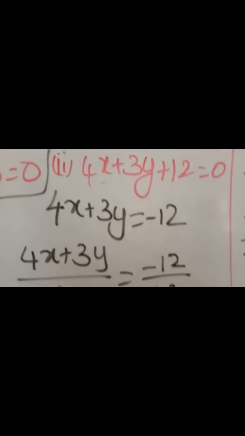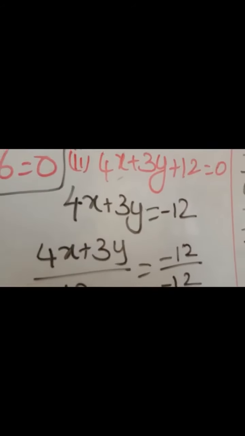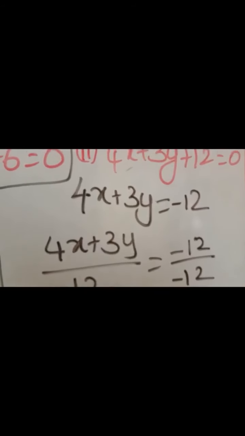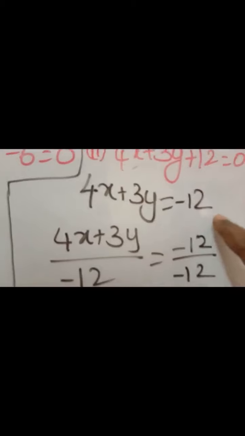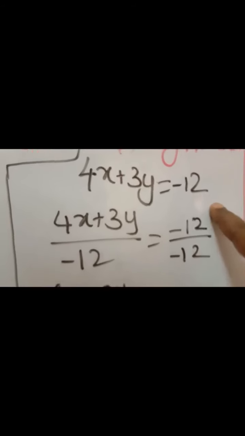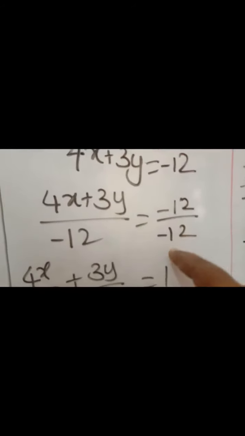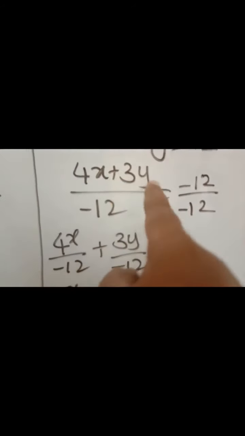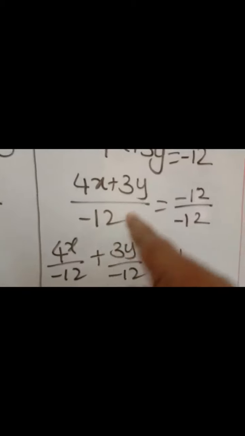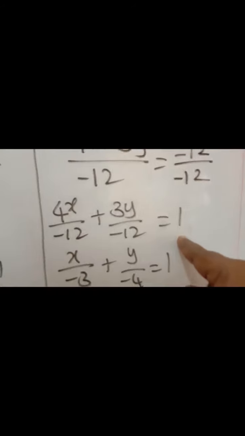Okay. Now the second subdivision in the same question. 4x plus 3y plus 12 equal to 0. What is the condition? We have to bring the constant to the right hand side. So plus 12 will come to the right hand side as minus 12. Next, the right hand side constant should be 1. So divide by minus 12. With this sign, we have to divide. So the same minus 12 we have to divide. Next, on the left hand side, we have to split the fraction into 2. So 4x by minus 12 plus 3y by minus 12 is equal to minus 12 by minus 12, it will become 1.